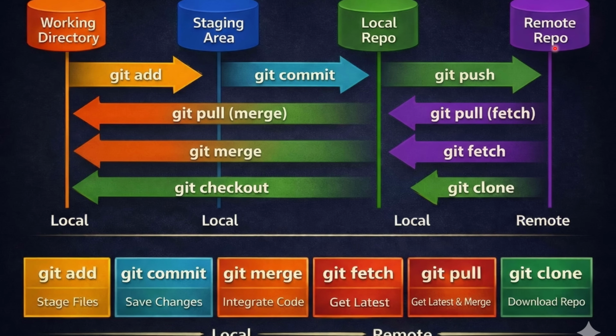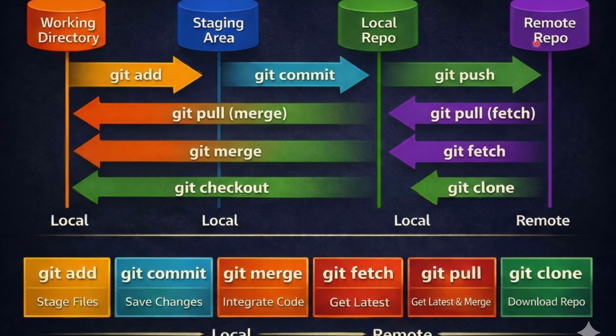Now your team member, either a developer or an automation engineer, added 5 files and pushed them to the remote repository. Now this remote repository contains 10 files, 5 files from your side and 5 files from your colleague.